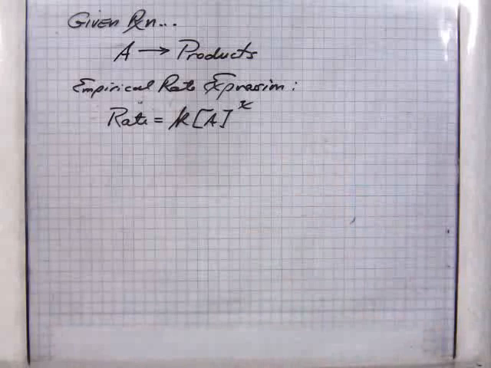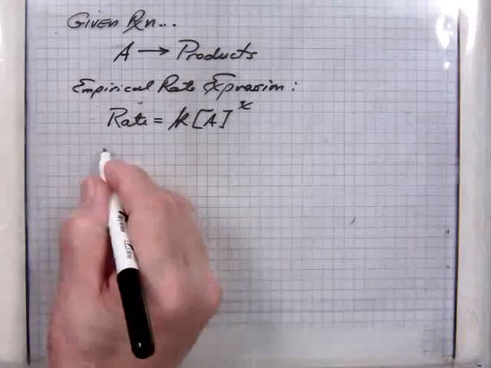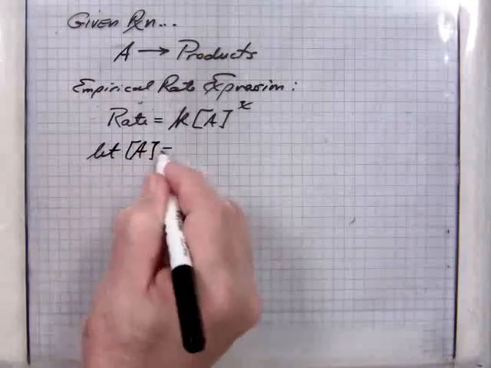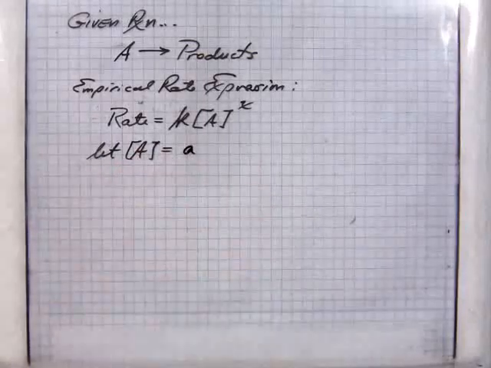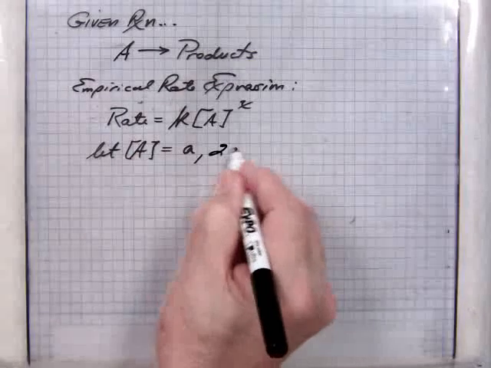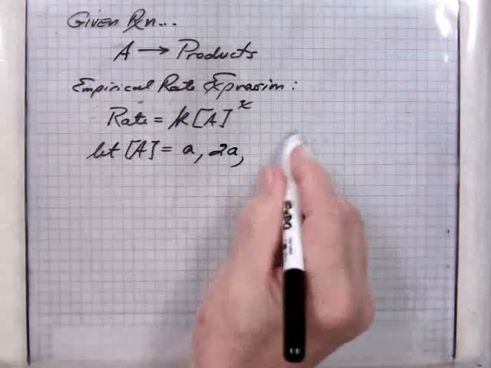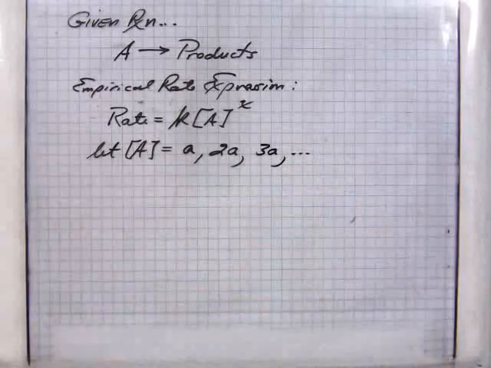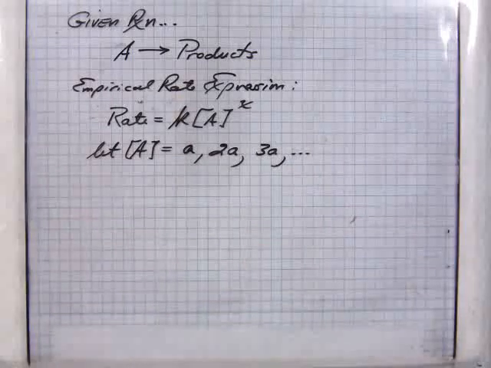Now what we want to do is change the concentration of A. Lowercase a is a number, a value. Then we'll double it and then triple it and so forth, as many times as we wish, and see what the trend is.